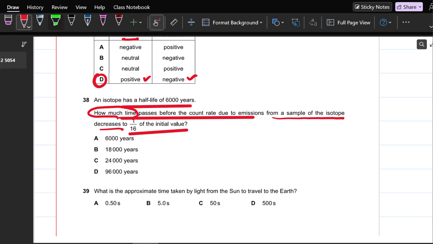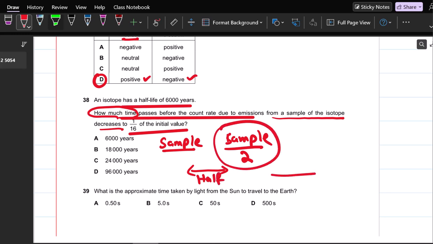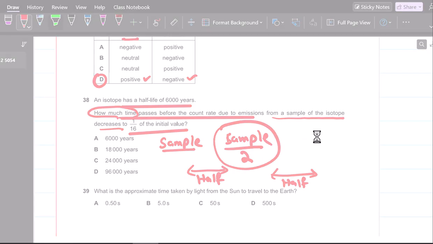In half-life, for example, I'm having a sample, we halve it, half in one half-life. Or you can say originally we have this sample. After one half-life, it becomes half. Then after another half-life, it further becomes half.